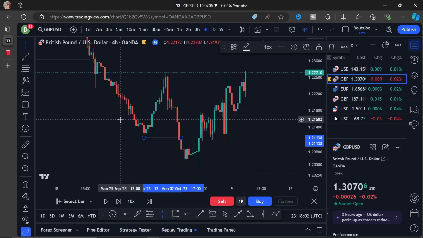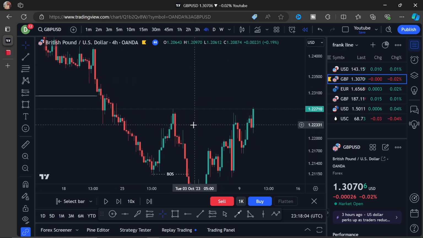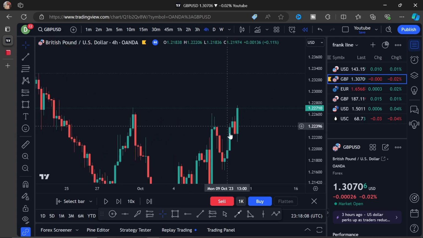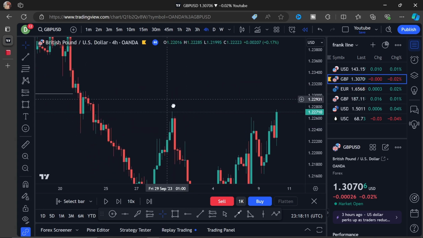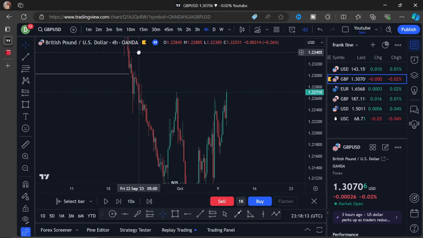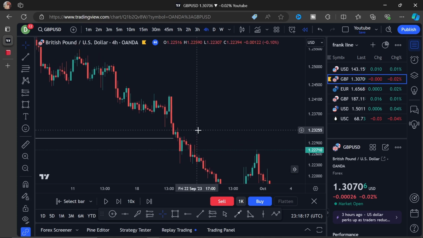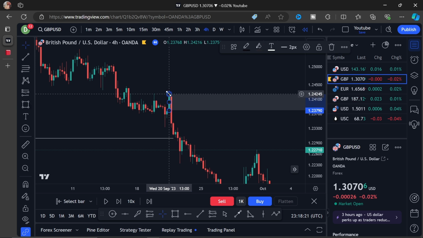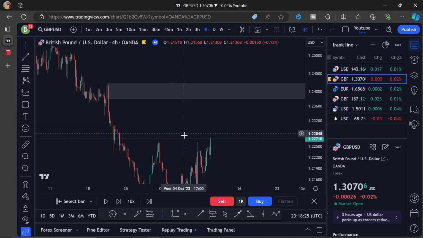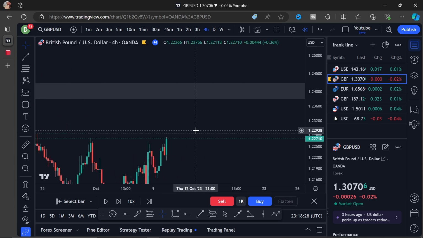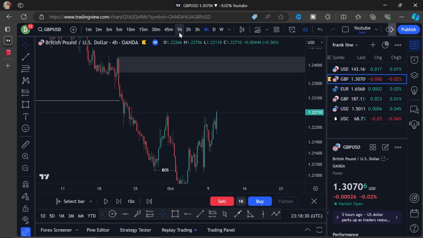As you can see, we had a break of structure here before the market started bouncing upward. So here is a supply area in the market. Since it's a downtrend, we are here to identify supplies. So here is a supply, very close to what led to the break of structure, the market shift here. So we have a supply at that point. And then let me come over to the 1-hour time frame.